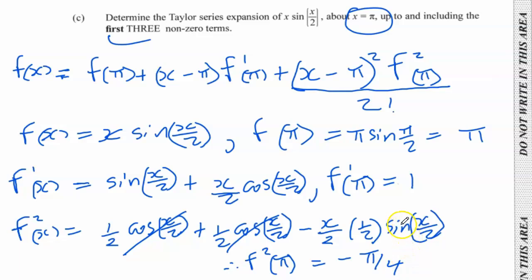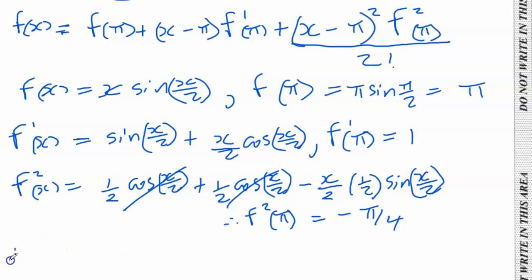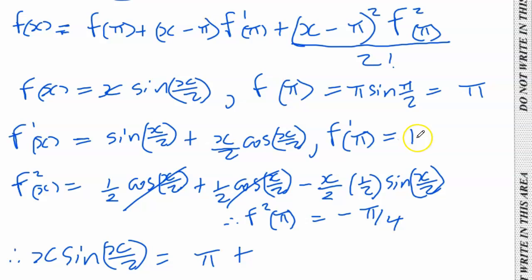So this simply means that the Taylor series of x sine x over 2 at pi is equal to f of pi, which we found to be pi, plus x minus pi times f prime pi. Now f prime pi was 1, so it's just x minus pi.